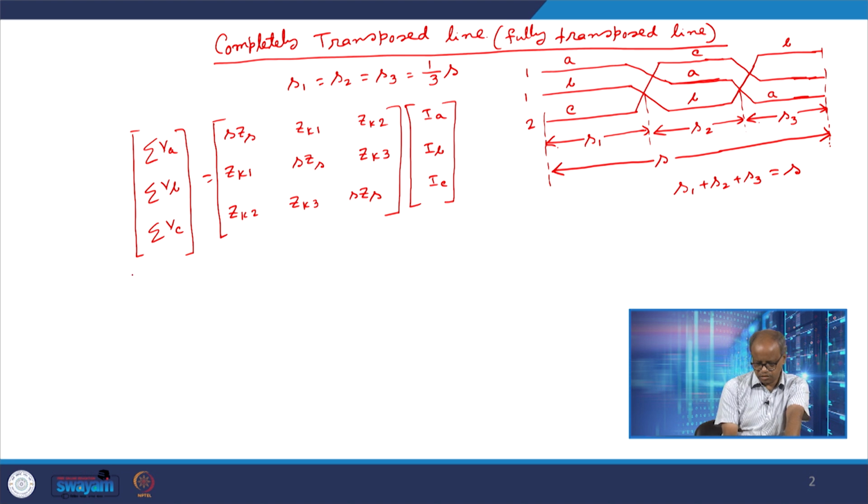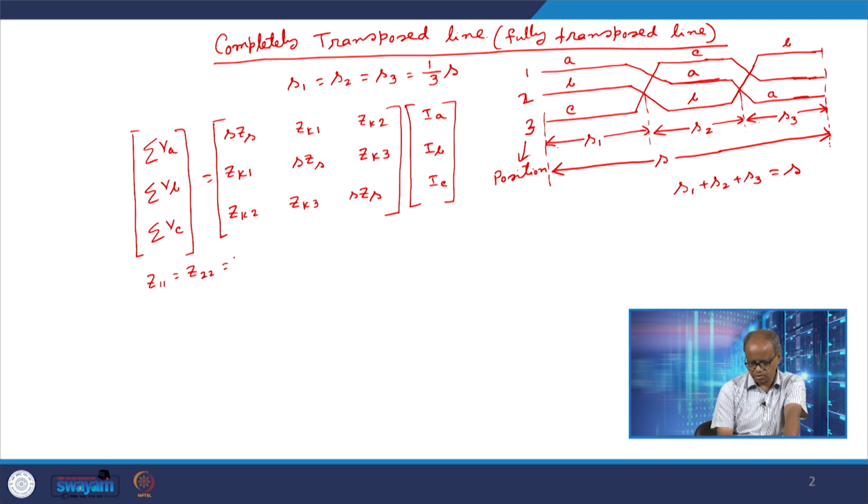where of course we said that Z11 is equal to Z22 is equal to Z33, sorry, this is 1 2 3, this is the position, these are the positions.